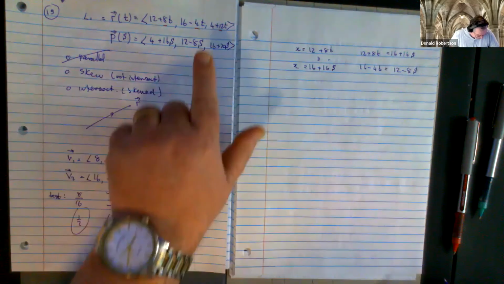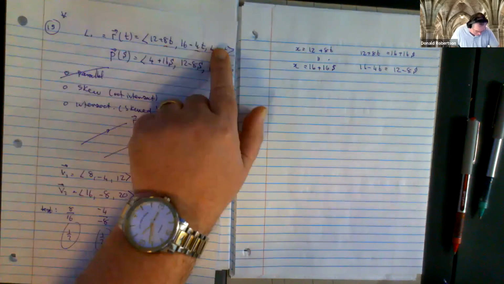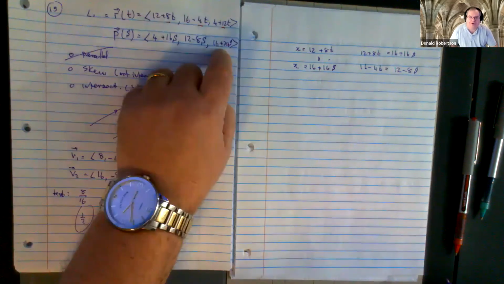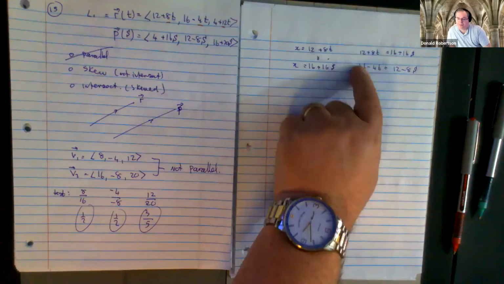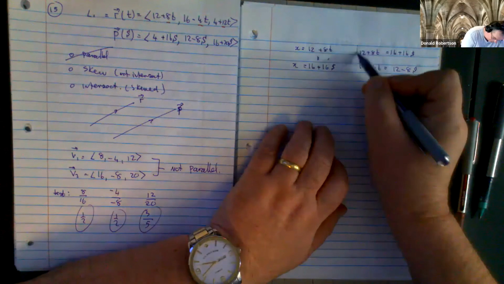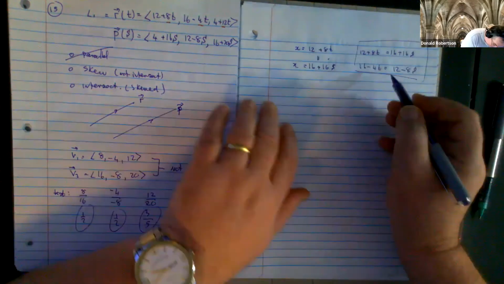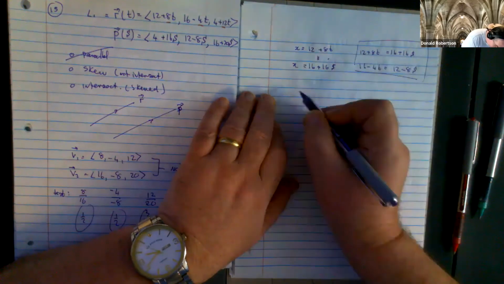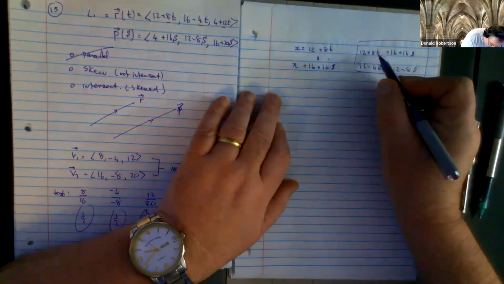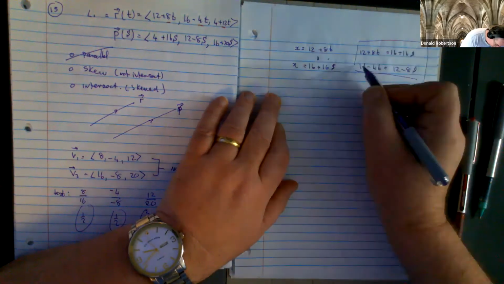And the z's should be equal, right? This should equal that. But I'm not going to use the z's yet. I am going to solve this set of equations here. And if you take this guy and subtract 8t, subtract this one, what do you get?